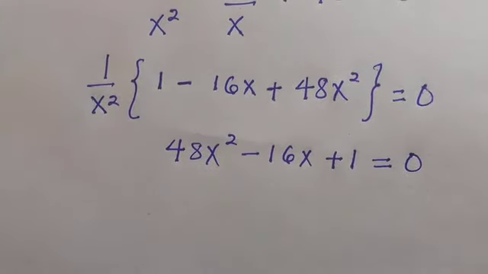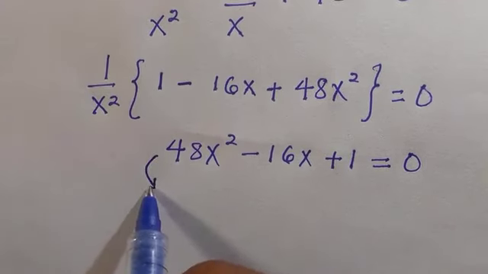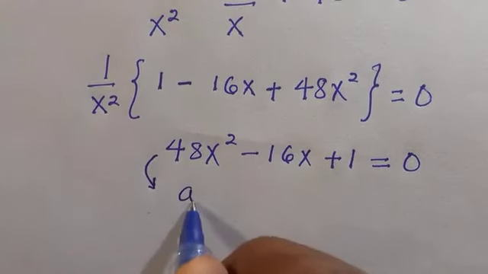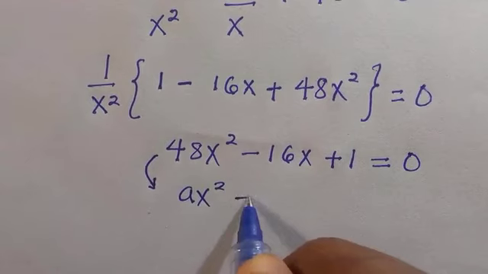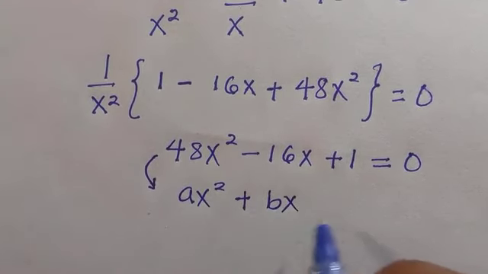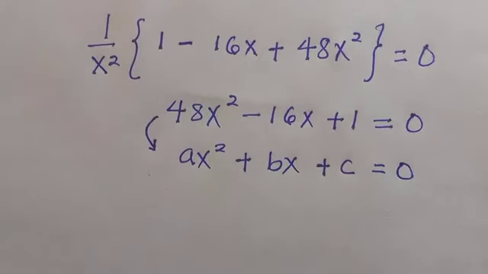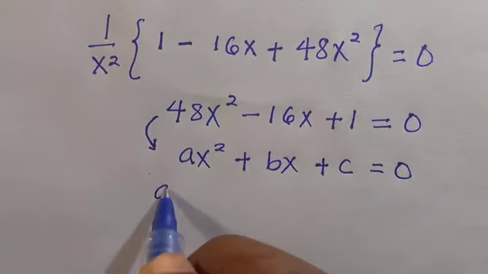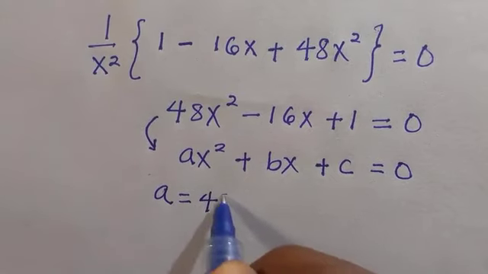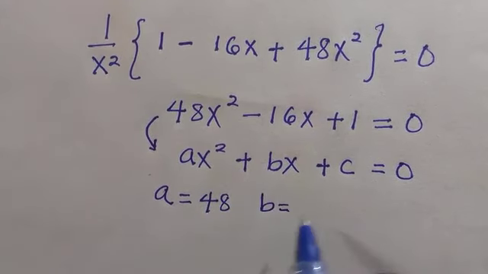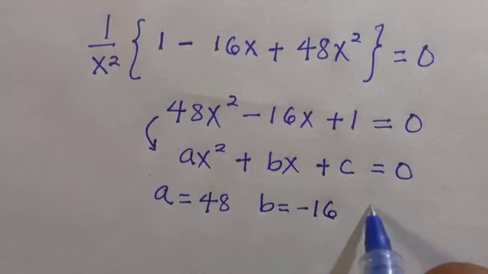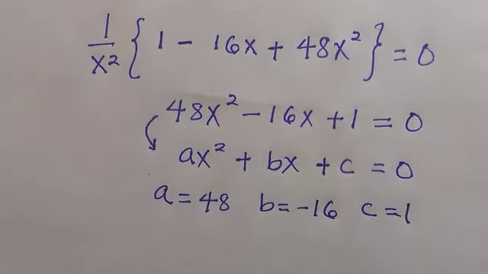So by comparing it with the quadratic form, which is ax raised to power 2 plus bx plus c equals 0, we know the value of a here is the coefficient of x squared, which is 48, and b is the coefficient of x, which is minus 16, and c is the constant term, which is 1.